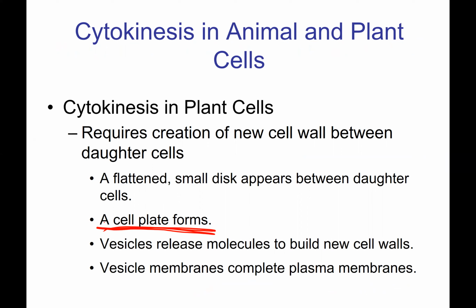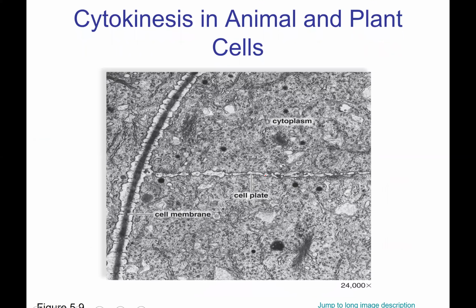So in plant cells, you're going to have a cell wall form in between those 2 nuclei. Right here we have a cell plate forming that is going to go between cell 1 and cell 2. So that is mitosis right there.